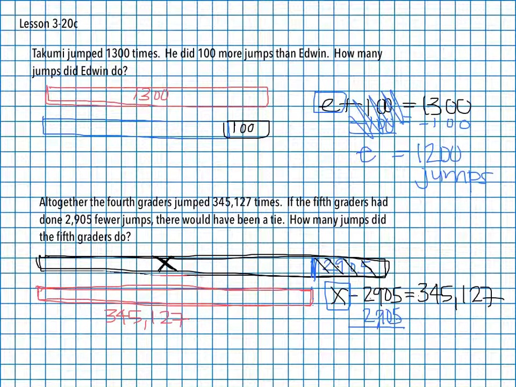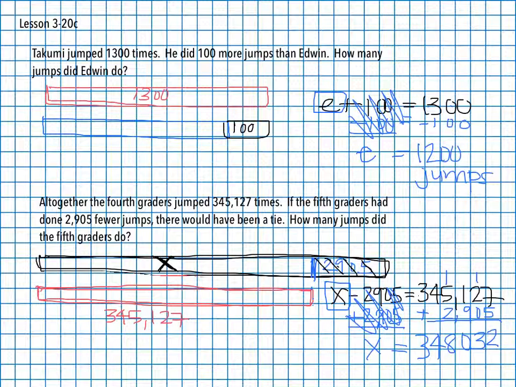So we're going to put our comma there, and then 2,905. And I'm adding here, and this is going to cancel out. So what I will have left is x, and now I need to add these together. This is going to be 2, carry my 1, 3, 0, carry my 1, 8, 4, 3.